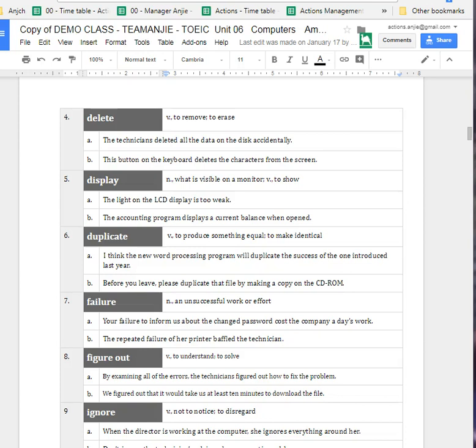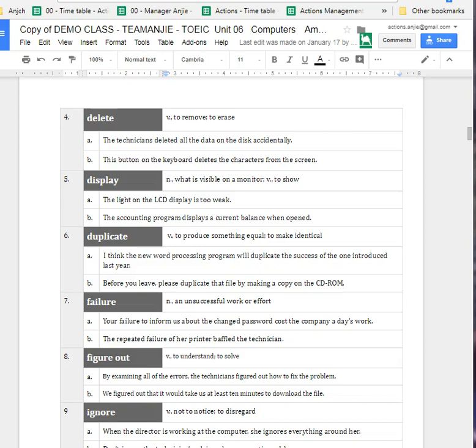An example is the light on the LCD display is too weak. And another example is the accounting program displays a current balance when opened. Current means right now. Very good.